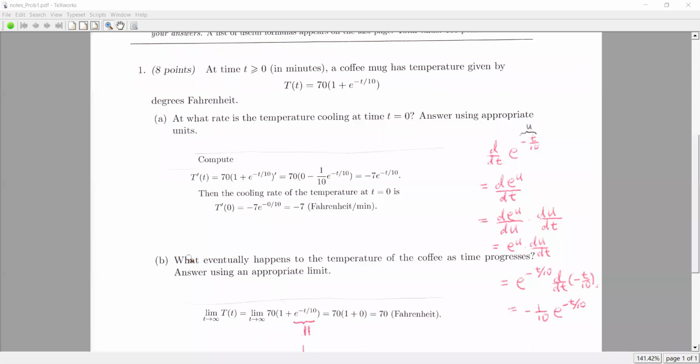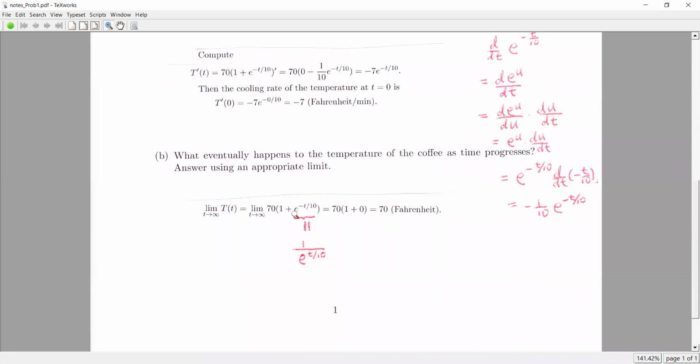Part B. What eventually happens to the temperature of the coffee as time progresses? Answer using an appropriate unit. This part asks for the limit of the temperature as time approaches infinity. To find the limit, I write this function as 1 over e to t over 10.